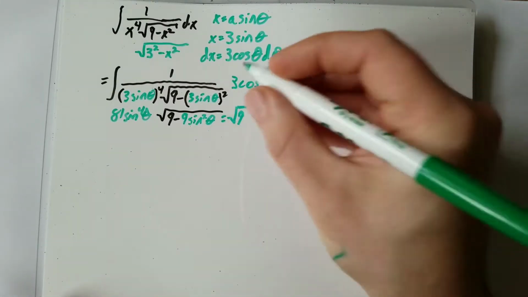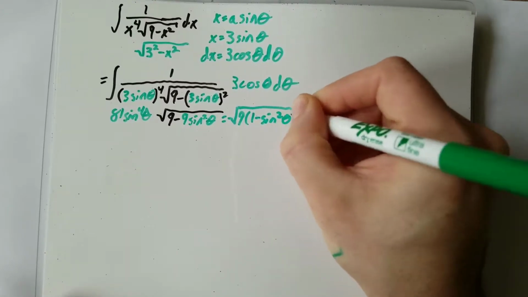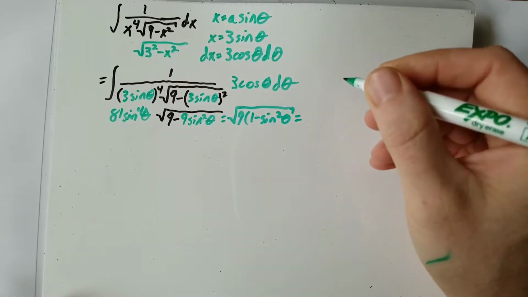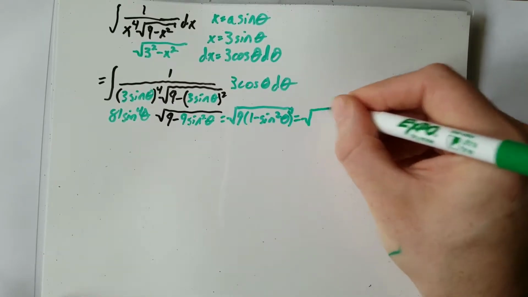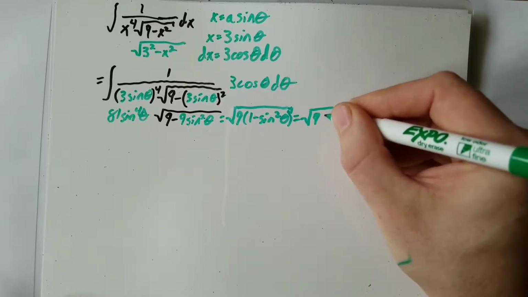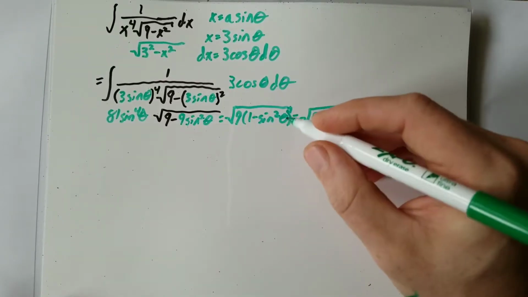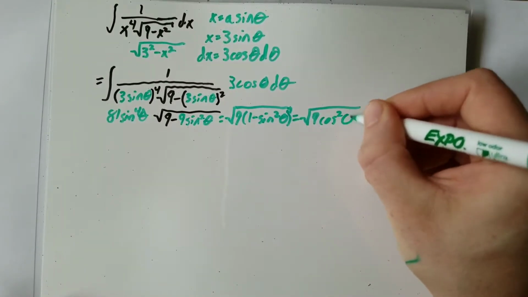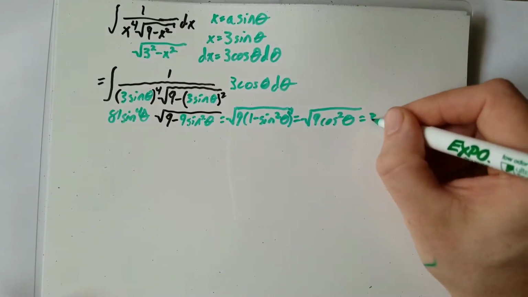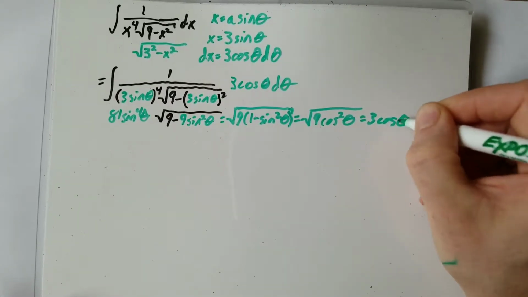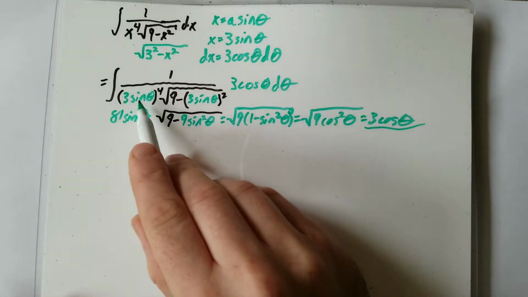We can pull the 9 out, and then that's 1 minus sine squared theta, which is the same as writing the square root of 9 times, well, our identity says that this is equal to cosine squared theta, and the square root of 9 cosine squared theta is just 3 cosine theta. So this will go in for this, and this will go in for there.